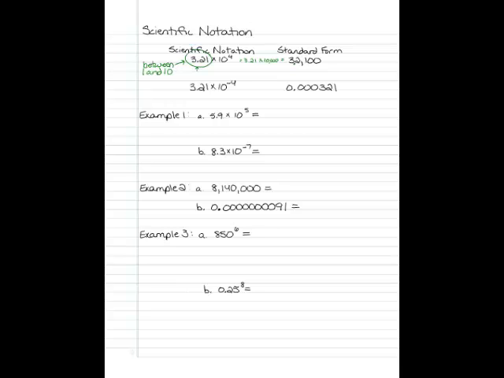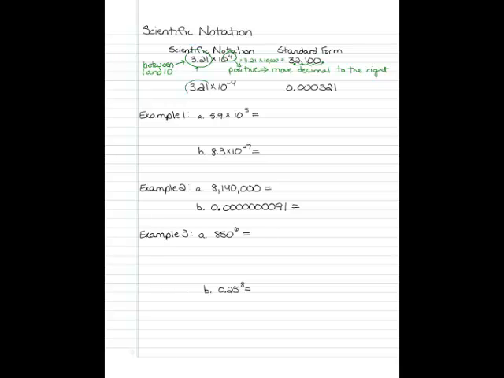If the exponent is positive, that tells you to move the decimal point to the right this number of spaces. So here we have a positive 4. It tells us to take this decimal point and move it to the right 1, 2, 3, 4 spaces. This gives us the 32,100.